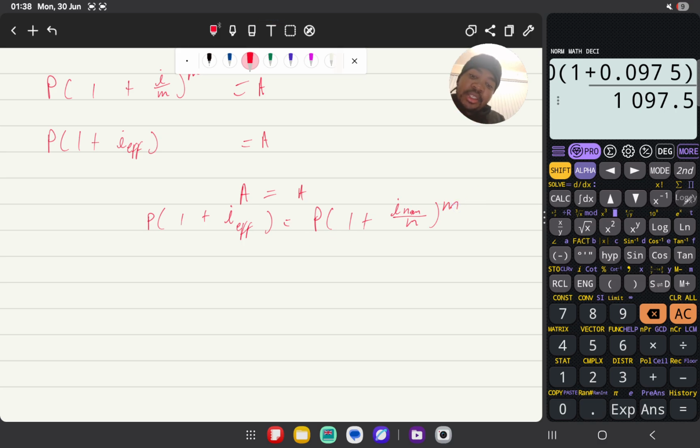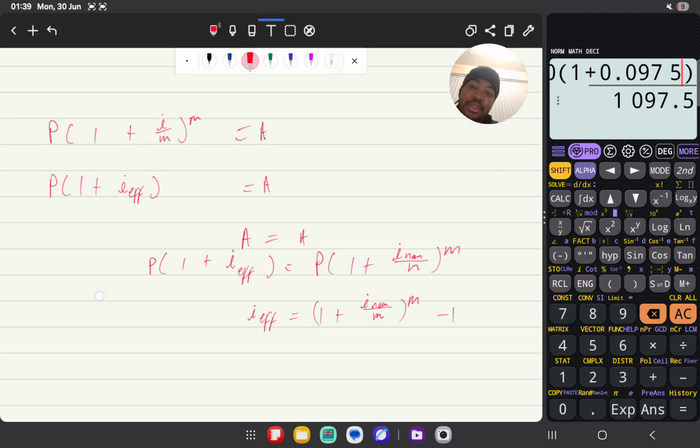The P's cancel each other out, so you have 1 plus i effective equals 1 plus i nominal divided by m, all to the power of m. After this, you can transpose the 1 to this side and make it minus 1. Then we have a formula for your effective interest rates. I think now we are good for some examples.